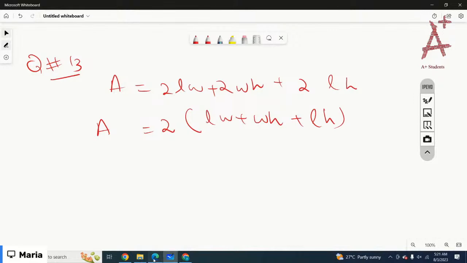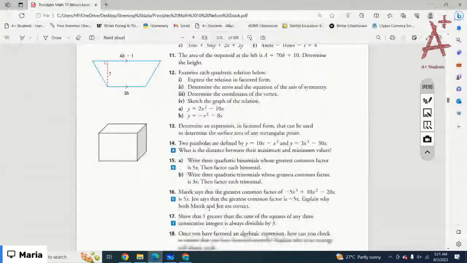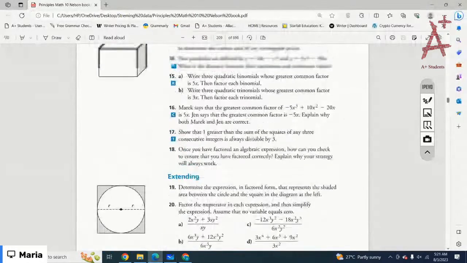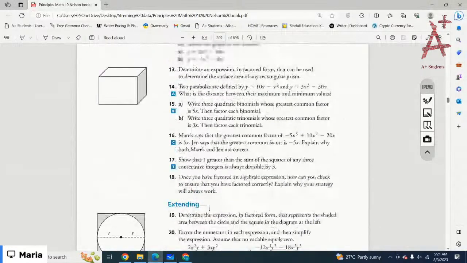Okay, the next one, let's start with question number 15. Write three quadratic binomials whose greatest common factor is 5x, then factor each binomial. Part b is write three quadratic trinomials whose greatest common factor is 3x, then factor each trinomial.